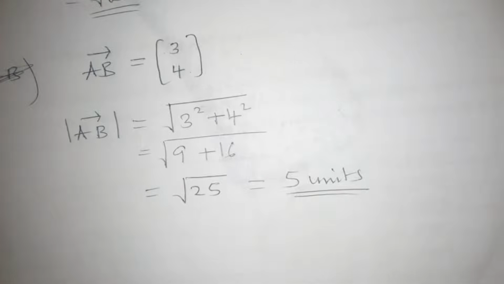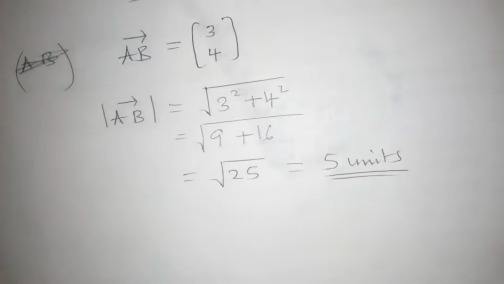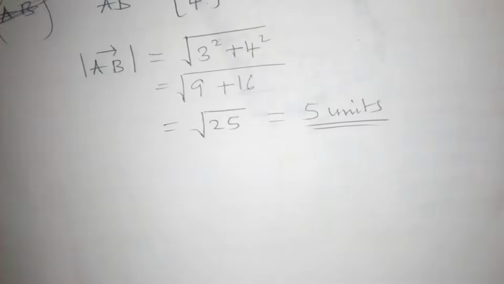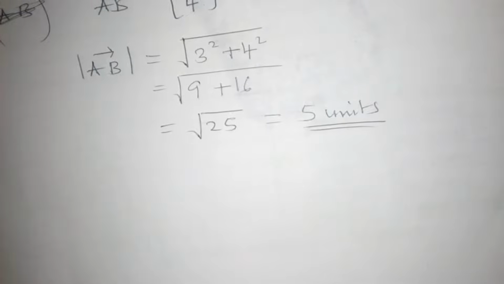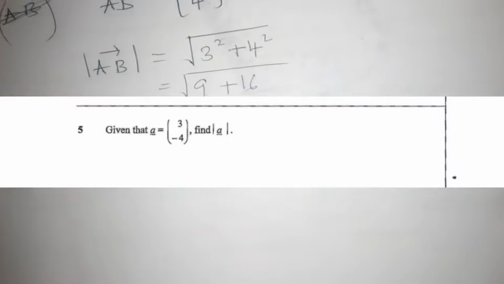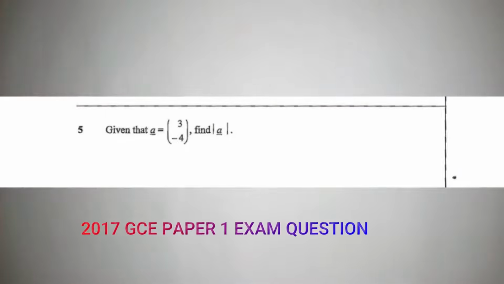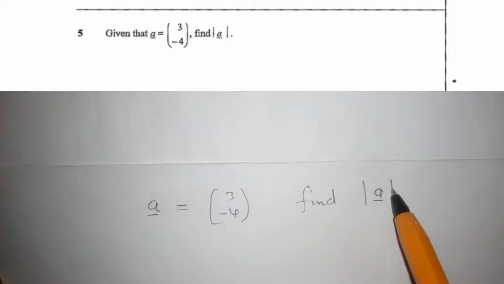So let's try to check an exam question. So this question came in 2017. They are saying given that vector a, so we have been given vector a here is equal to 3, -4, and then they say find the modulus of vector a.